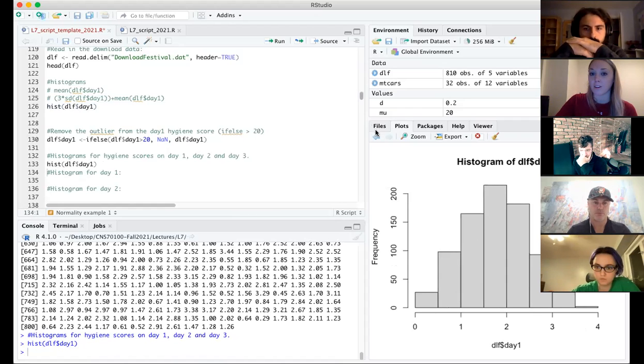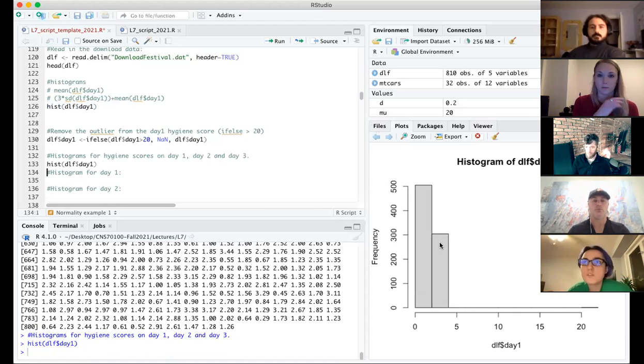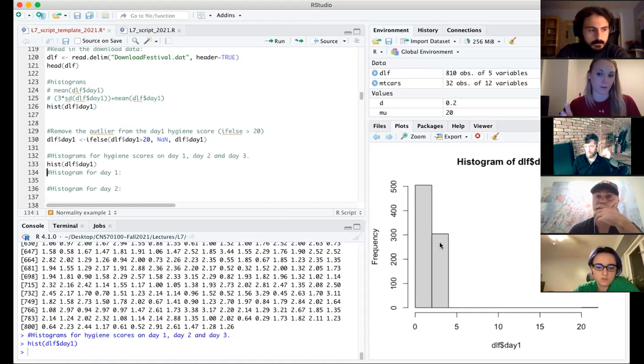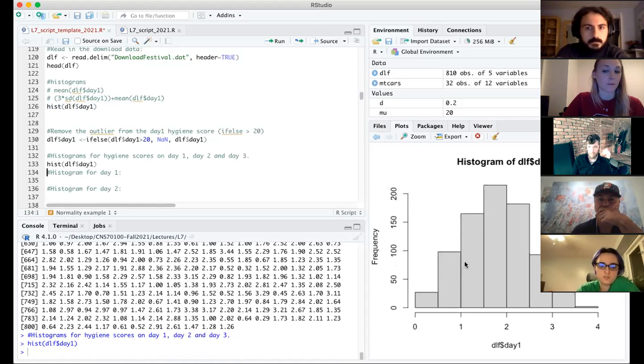Our histogram plot will automatically determine the size of the bins. You can control that, but when you're briefly looking at your data, letting R automatically choose the bin size is a great way to show your outliers, because it's immediately obvious that something crazy is going on. And when we remove it, now we have normally distributed data.